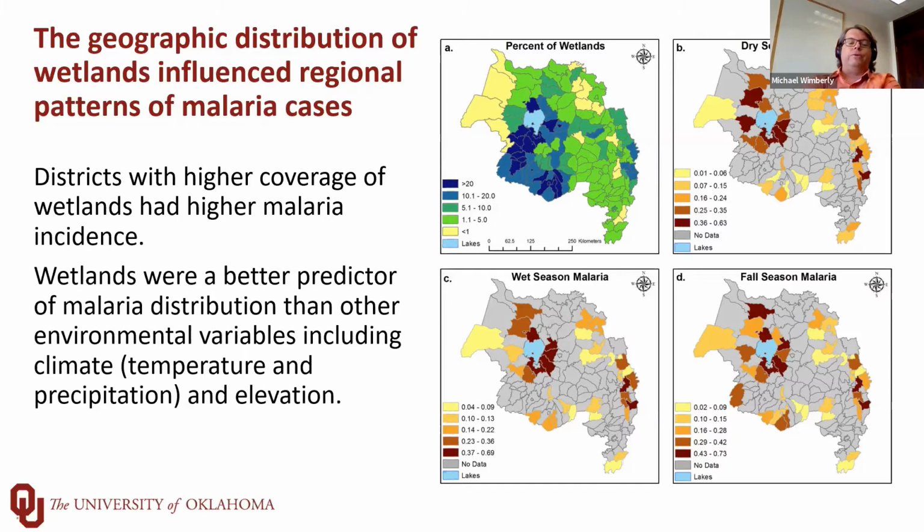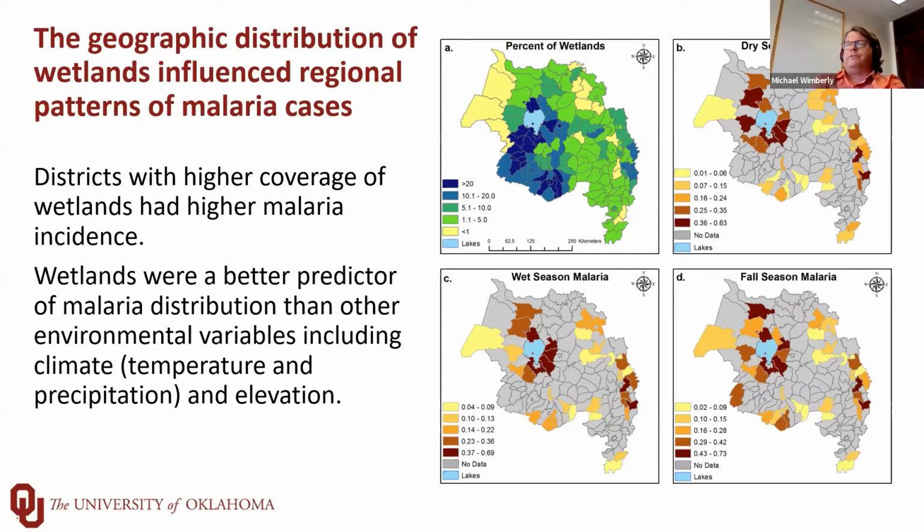But what we found was that districts with higher coverage of wetlands indeed had higher malaria prevalence. And when we compared it to some other variables, typically if you're looking at the geography of diseases over large areas, your go-to variables are things like temperature, precipitation and elevation.